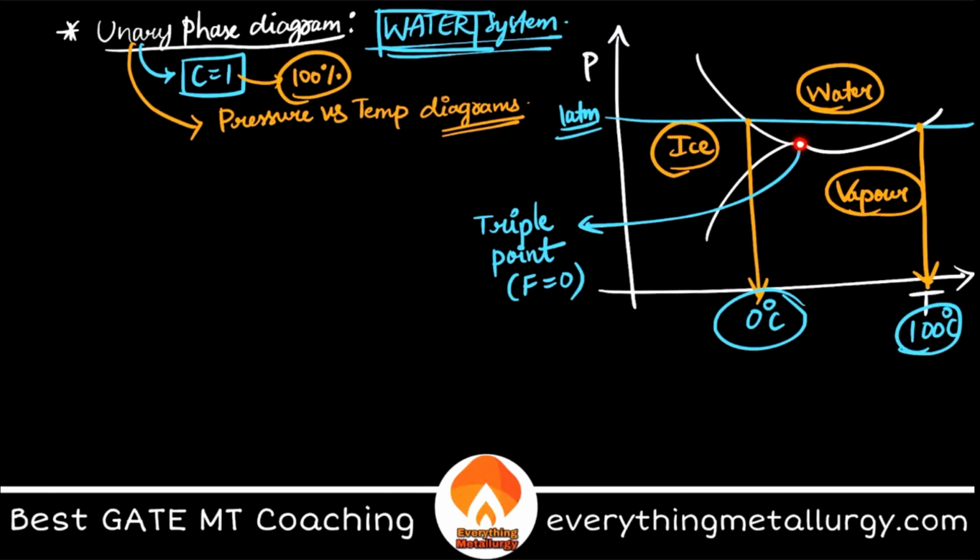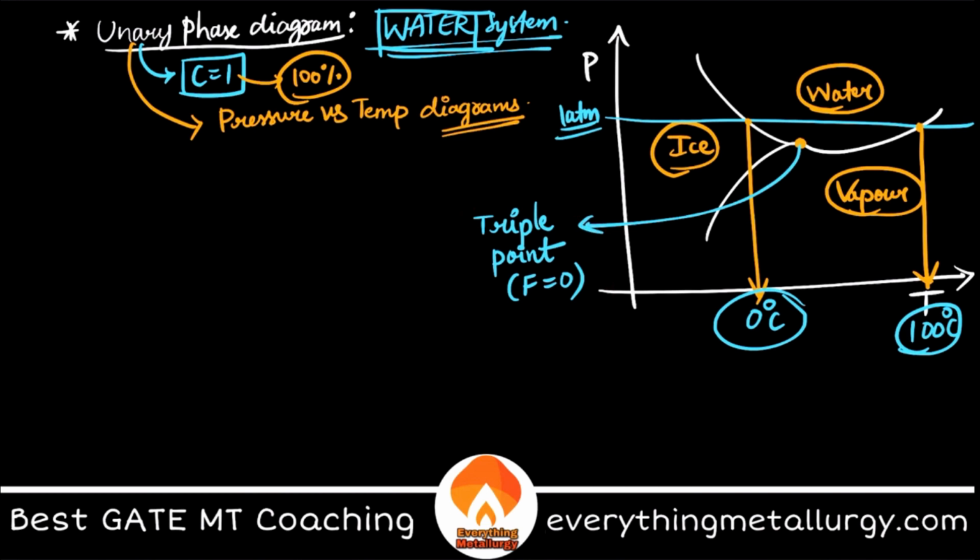Because if you change the pressure by a bit or the temperature by a bit, the condition changes out of the triple point. It may go this way, or this way. So from the three phases, you are going into a different region. That means the triple point exists only at one given pressure and temperature combination. If you change anything, you cannot see that. That is where you see that the degrees of freedom is 0.